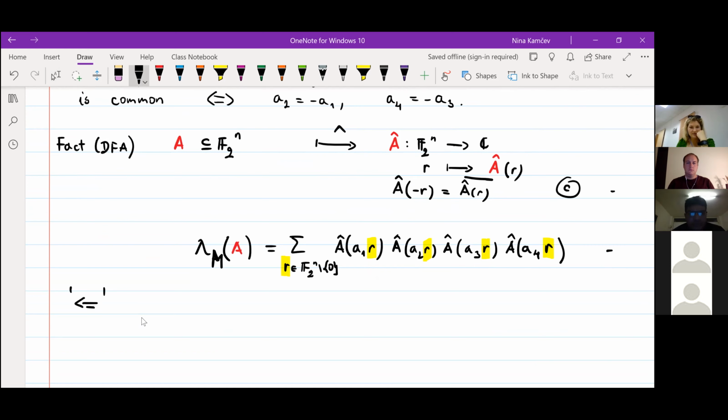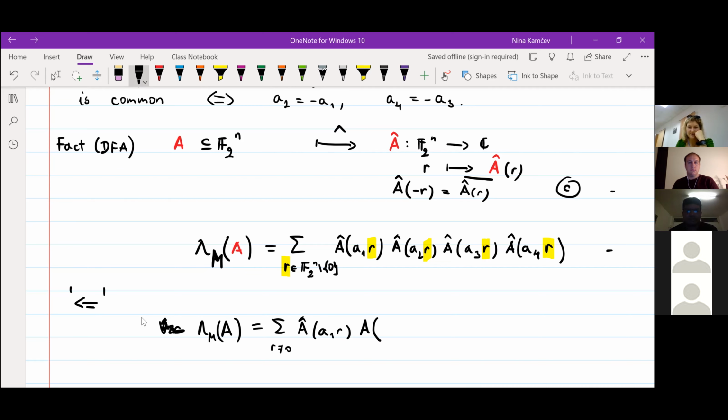Assuming this relationship between coefficients, this lambda M of A is just the sum of A hat of a1R times the second term in the product.